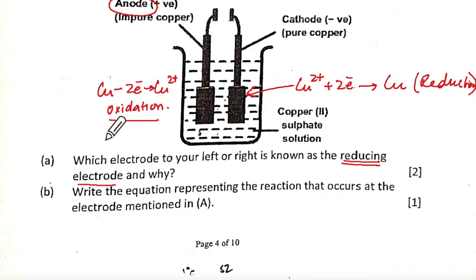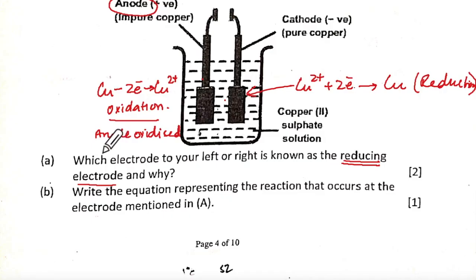The anode is losing, so anode is getting oxidized. Cathode is getting reduced. They are asking for the reducing electrode, so it will be anode. So oxidation means anode is getting oxidized.